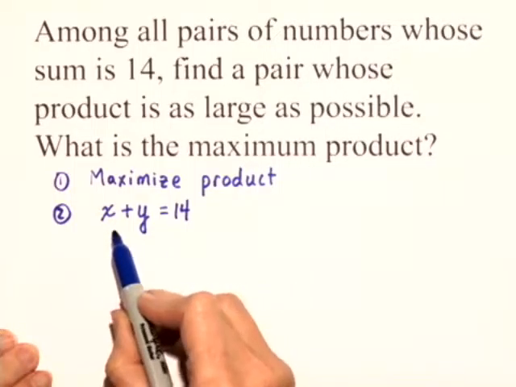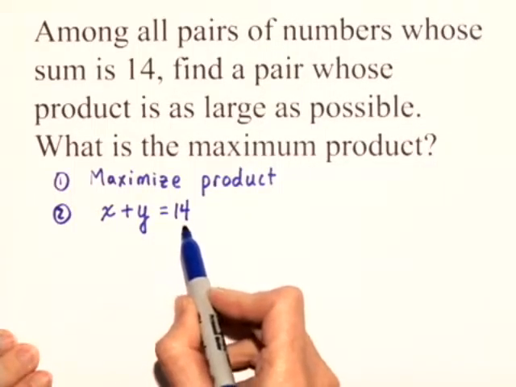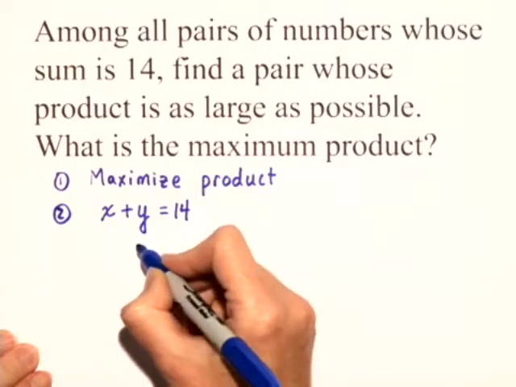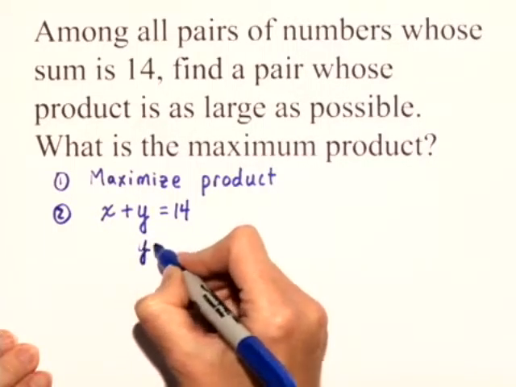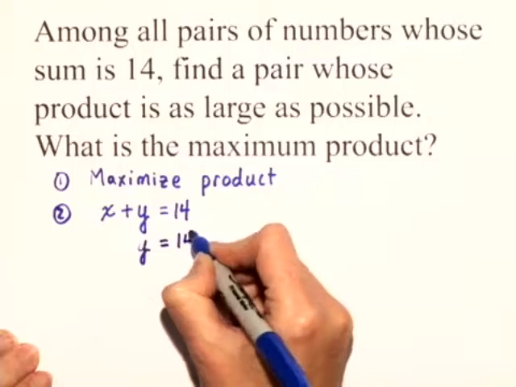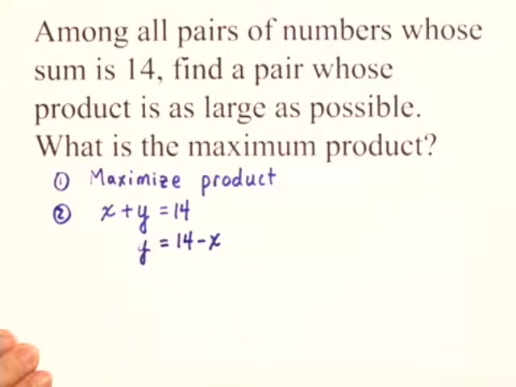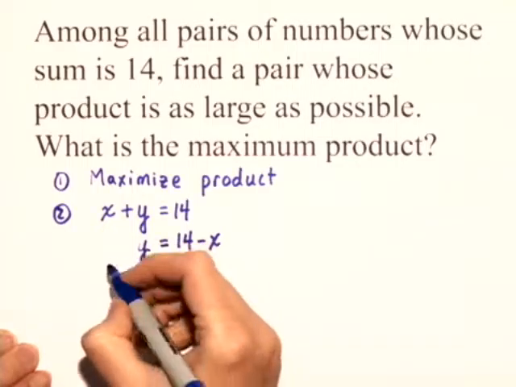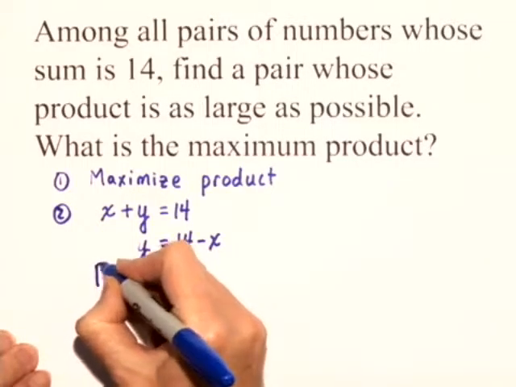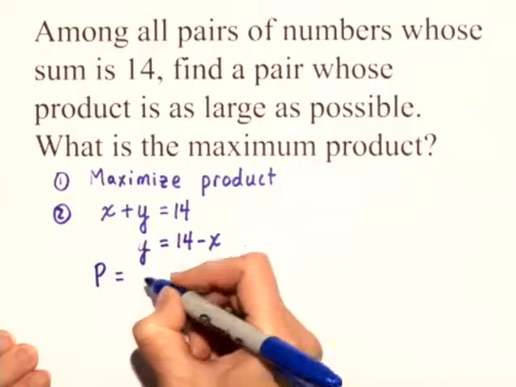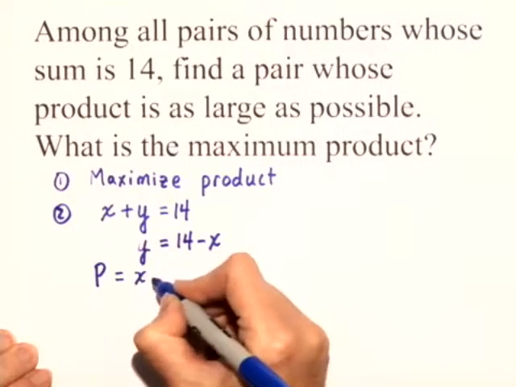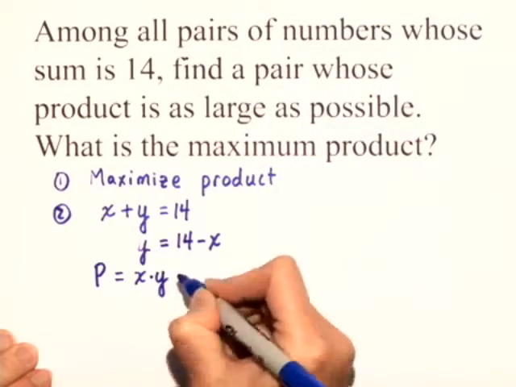So if x plus y is equal to 14, then we could say that y is equal to 14 minus x if we solve this equation for y. So therefore, we could say that our product, we'll use p for that, is going to be x times y.